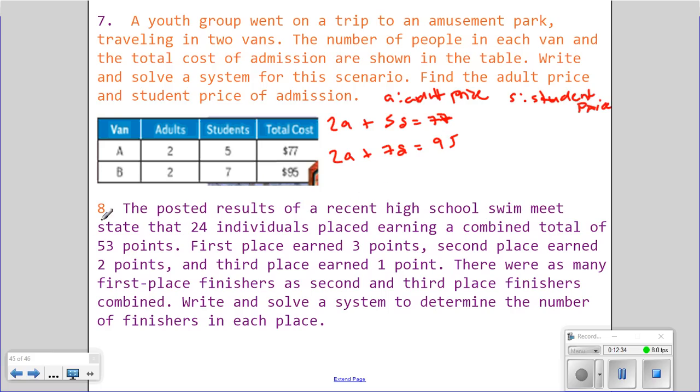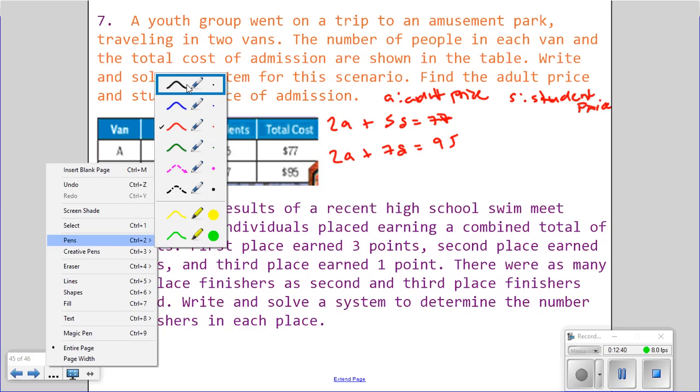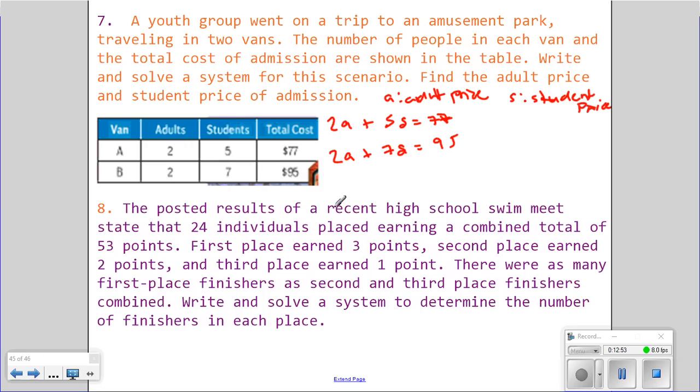Now we can solve it. For this situation, I would use matrices since both of the equations are already written in standard form. All variables are lined up, and matrices take less than a few seconds to calculate.